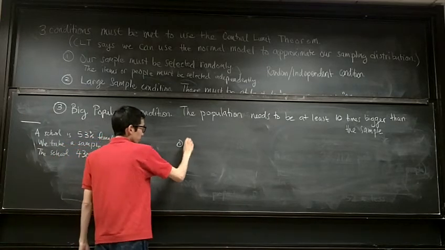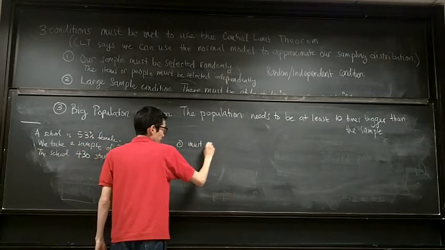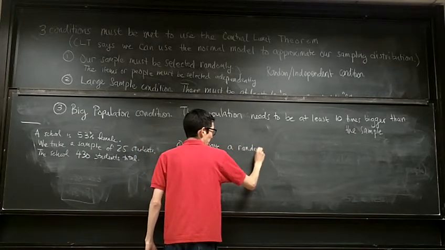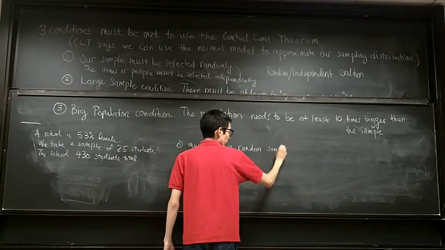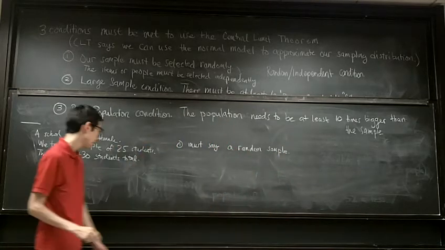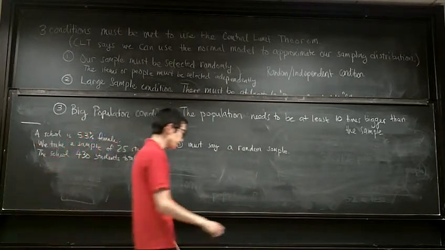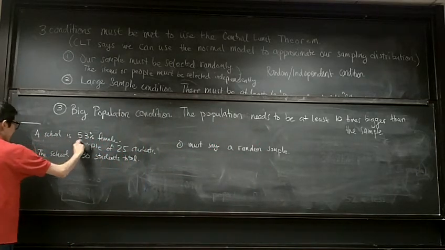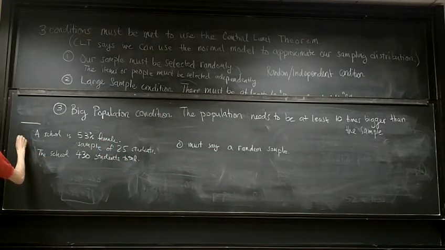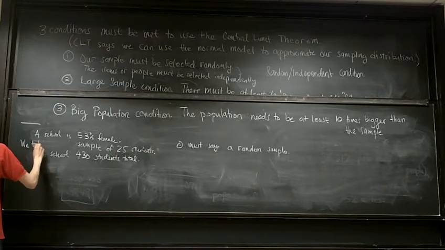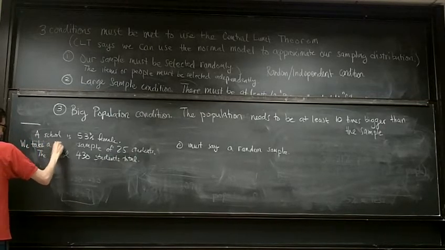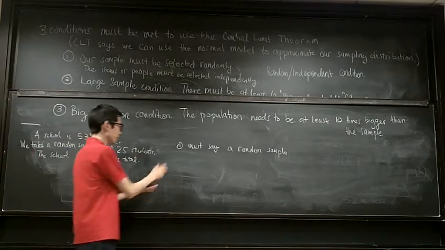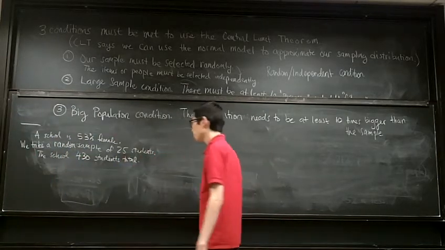So condition 1 must say a random sample. Alright, so let's say I change this, and I write, we take a random sample. Now this is a new problem, with the same information as before.